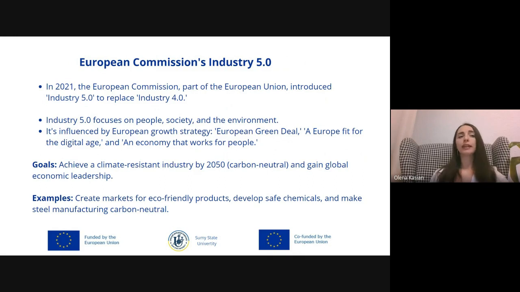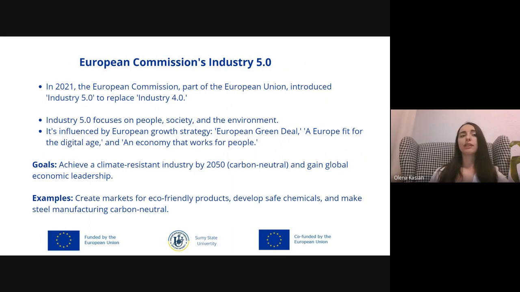For example, in addition to realizing an industry for society that is not susceptible to climate change by 2050, or in other words, the realization of carbon neutral industry, Industry 5.0 aims to achieve global economic harmony.